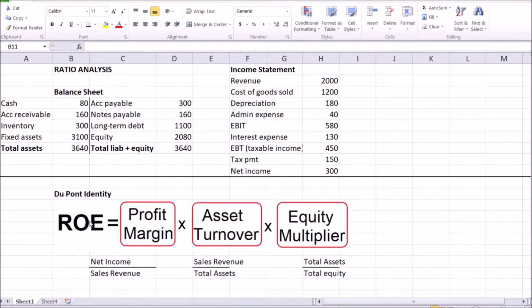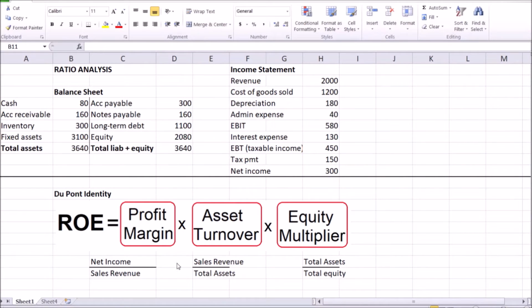Alternatively, if poor profitability as measured by return on equity results from bad management of assets, for example, having huge warehouses with relatively small sales revenues, that will show in poor asset turnover numbers. Or alternatively, if the company doesn't use as much leverage as optimal in order to achieve a better return on equity, then relatively poor equity multiplier numbers might also indicate where the problem lies.